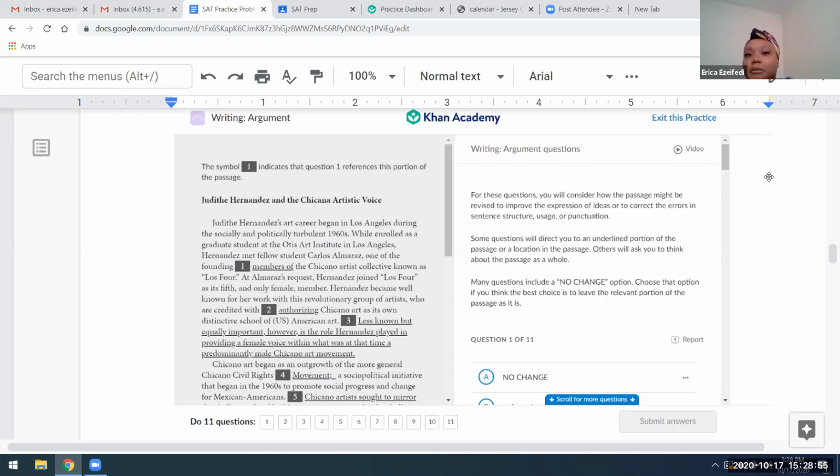I will also say that when you're reading these passages, sometimes it's easier. This might be a little tricky because we're not in person, so you have to keep scrolling up and down, but feel free to do whatever works for you. Basically, with these writing and language passages, sometimes it's easier for me to read everything up until that question, see, it says number 1.